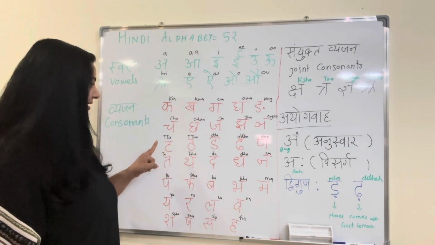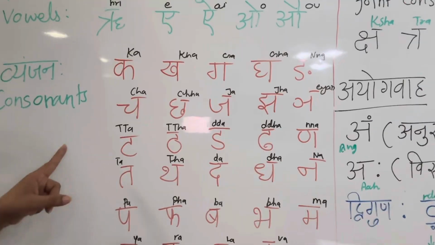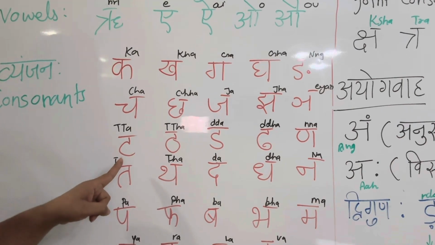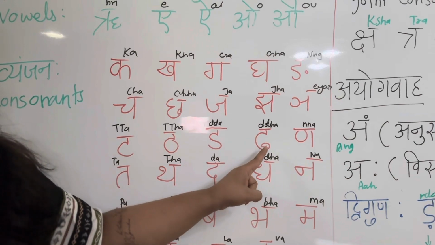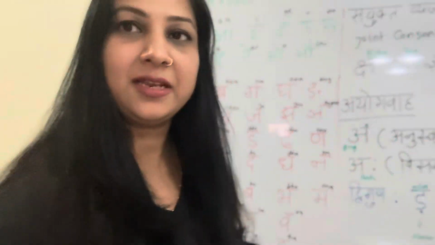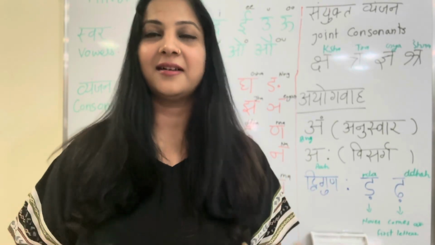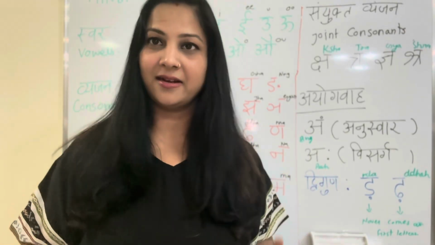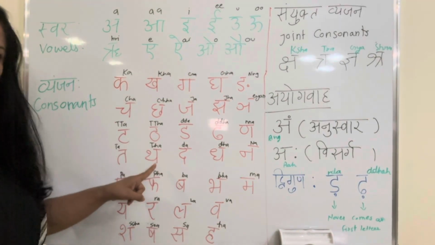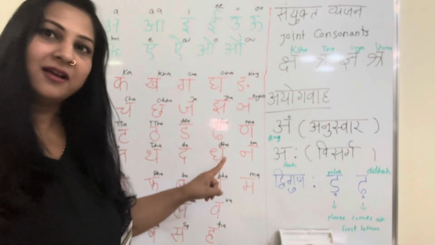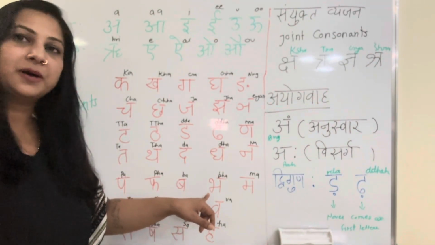If you can see the English word, I have written double T and A. Ta, tha, da, dha, ra, because they are different, you have to pressurize while saying ta, tha, da, dha, and ra. Then ta, tha, da, dha, na. Then pa, pha, ba, bha, ma.